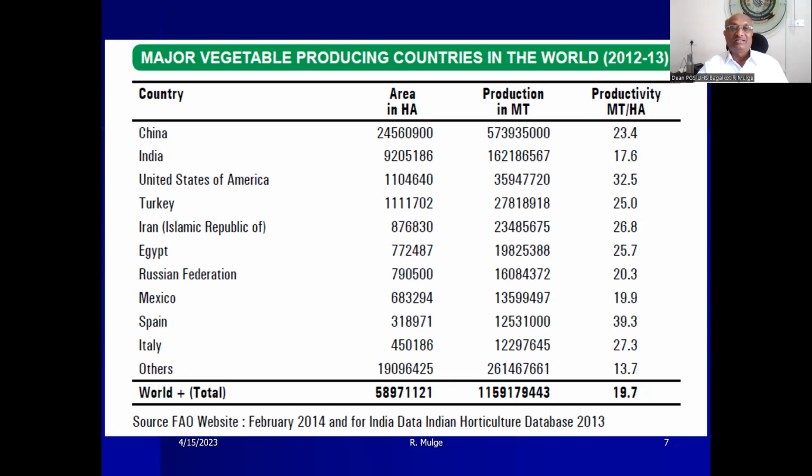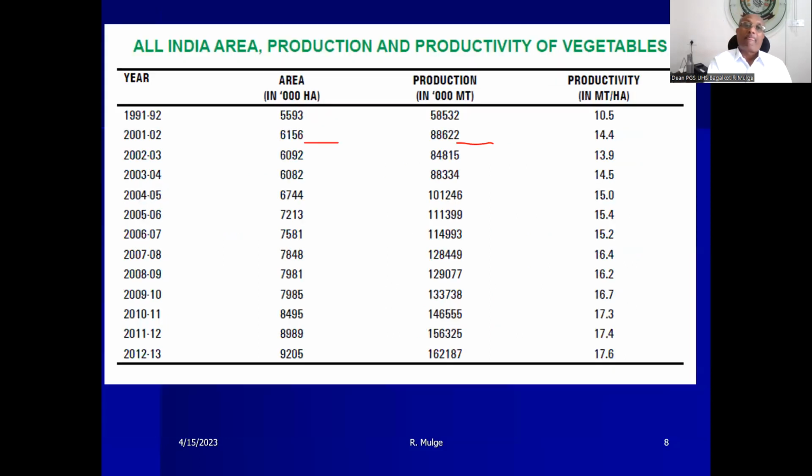The reason other countries have such high productivity is protected cultivation. So there the productivity is very, very high. So in India, there is scope for increasing productivity. If you look at how the total production and productivity have changed over the years, area marginally increased from 1991-92, from 5.5 million hectares to 9.2 million hectares.